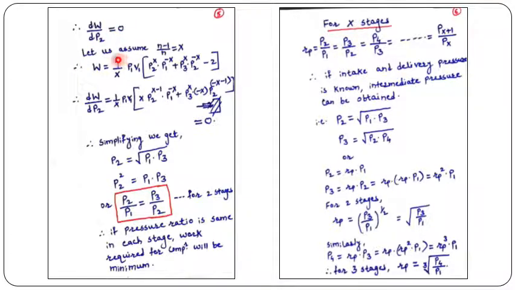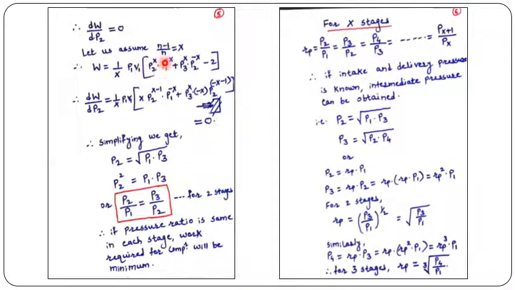Now, we have an expression which is in terms of n minus 1 by n, right: n by n minus 1 P1 V1 [(P2 by P1) raised to n minus 1 by n plus (P3 by P2) raised to n minus 1 by n minus 2]. What I will do is I will assume that n minus 1 by n is equal to x, and then I will simplify this expression and write it in this form. n by n minus 1 is 1 by x, P1 V1.